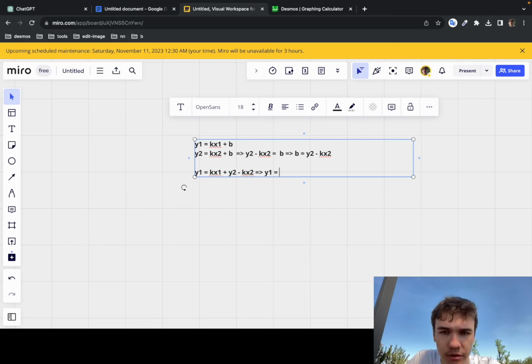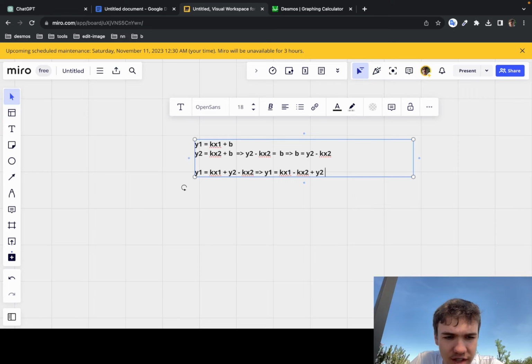So this is what I can do. y1 is equal to kx1, then minus kx2, and then plus y2. Okay, so this is the same as this. I just switched some elements inside. Now, as you can see, we have the same k here, but different x's.